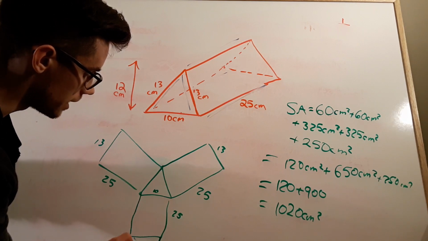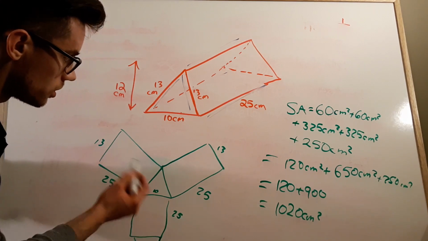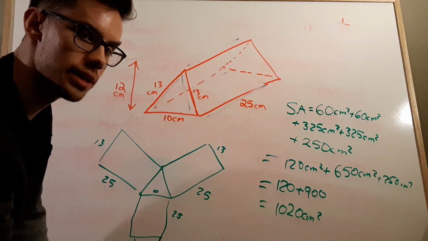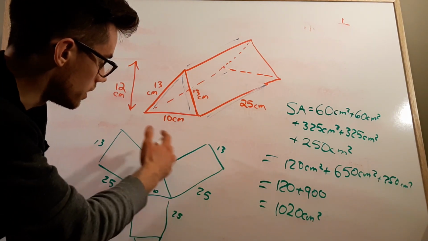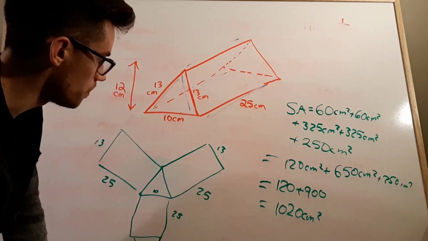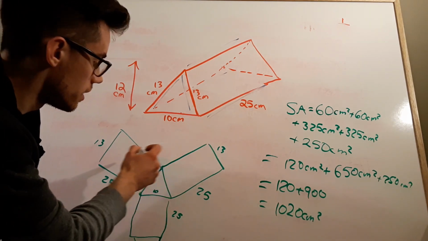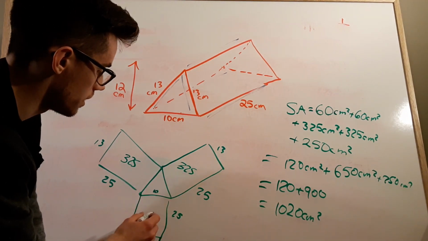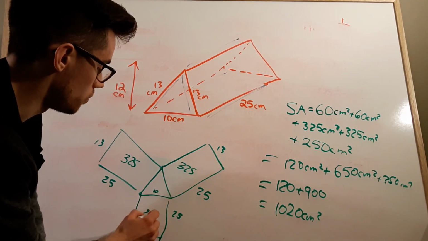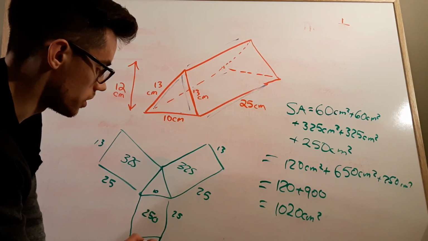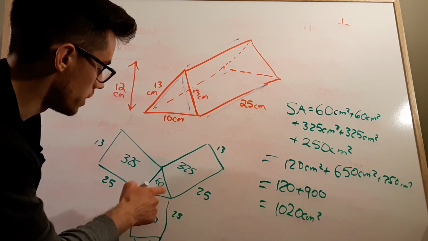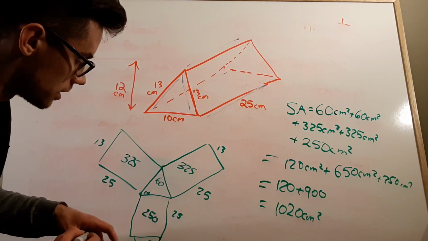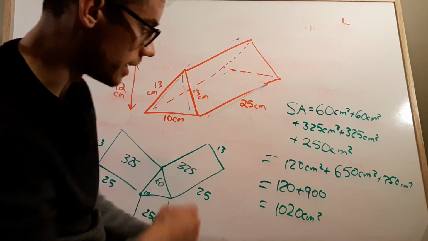So you could be given this on a test as well, with all the areas on each of these pieces, or you could calculate them. And the areas of these are 325, 325, this one was 250, and these were 60 each. So you might have to look at all those and add them up to get the surface area of the net as well.